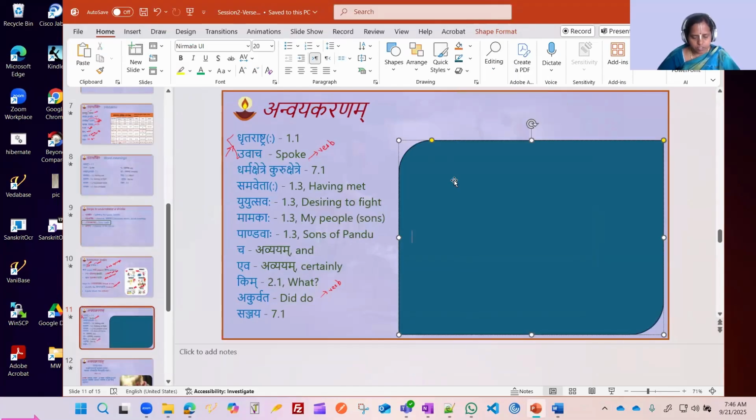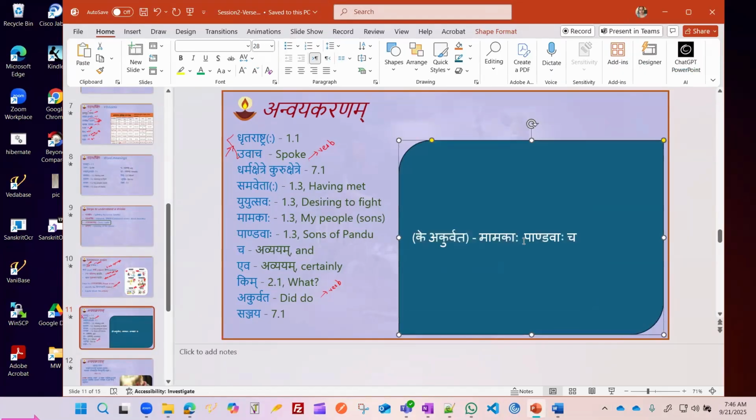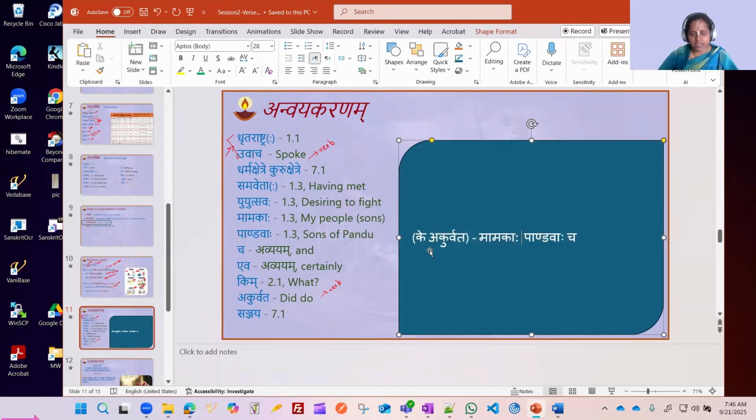So we already got the answer, correct? Kah akurvata means mamakaha pandavascha. Cha means and, because we are using two words, we say mamaka and pandava. And in Sanskrit, the and comes at the end of all the words. For example, in English we say I eat apple and goa, but in Sanskrit you say aham bhojanam modakam cha kadami. The cha comes at the end of all the words.